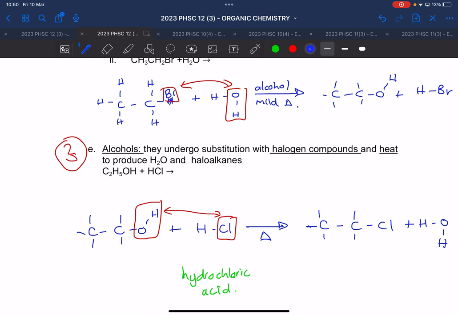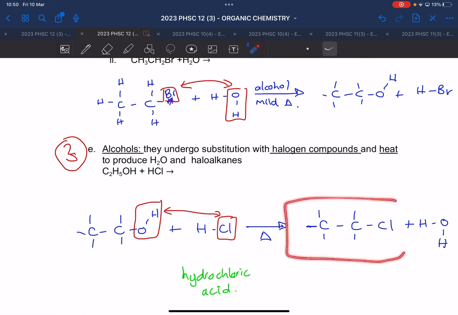What is the name of the organic product formed? Organic product. Where are you looking? Product, which side is it? Thank you. Ethanol? Do you see an O there? Where's the O?